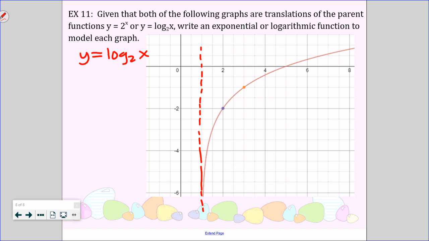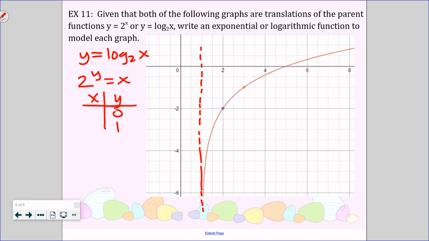So we are going to plug in 0 and 1 into our log. But remember, when we graph logs, we are going to change the form so that it is easier for us to plug those in. So we have the base of 2 to the y equals x. This is not an exponential function because x is not in the exponent. So then we're going to plug in 0 and 1, but instead of plugging them in for x, we're plugging them in for y.